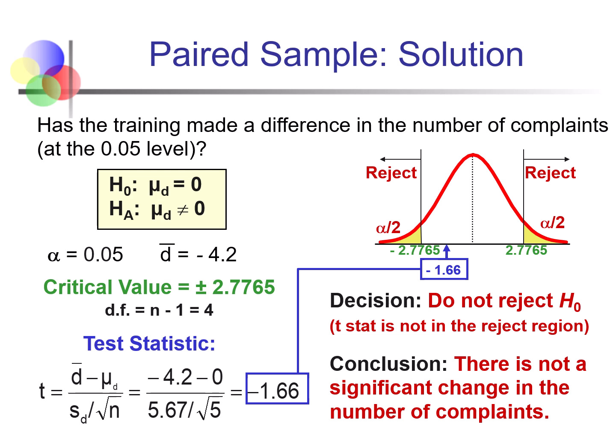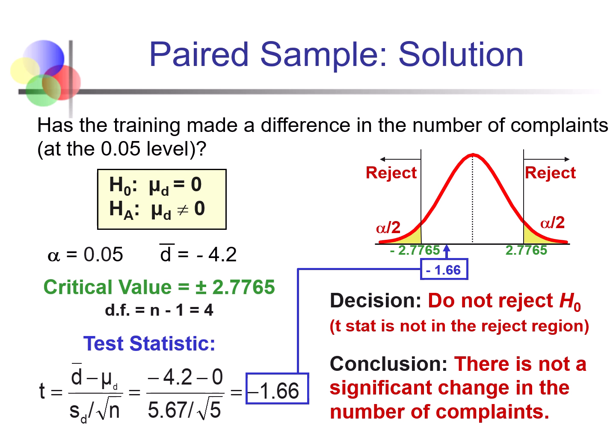Next, we will have the t statistic, which comes from d bar minus mu d over sd over square root of n. D bar is -4.2, while mu d is equal to 0, because in the null hypothesis, we see that mu d equals 0. So we put 0 in the formula.